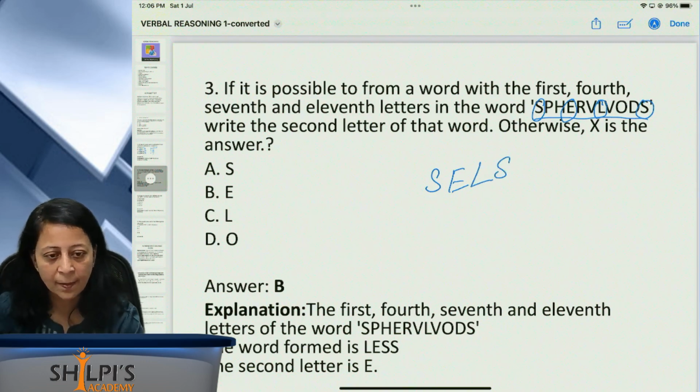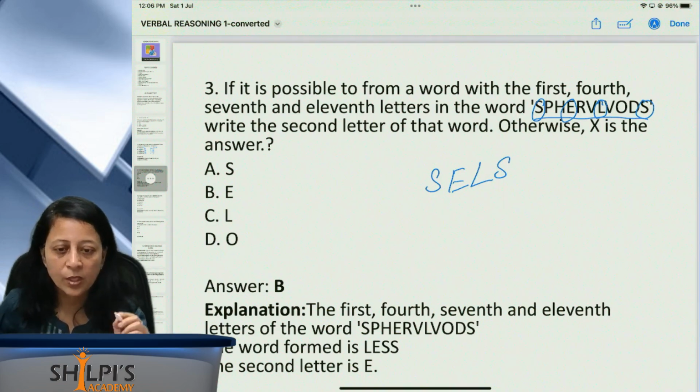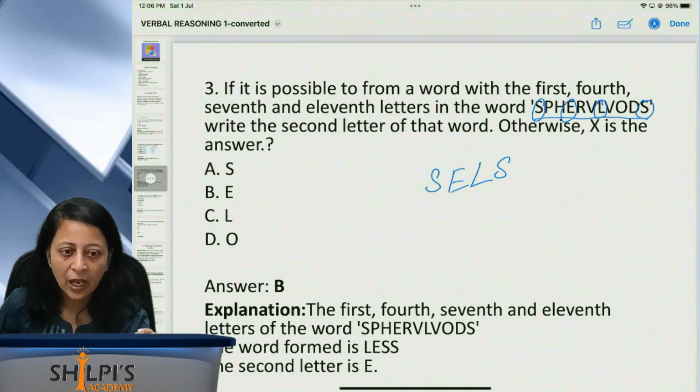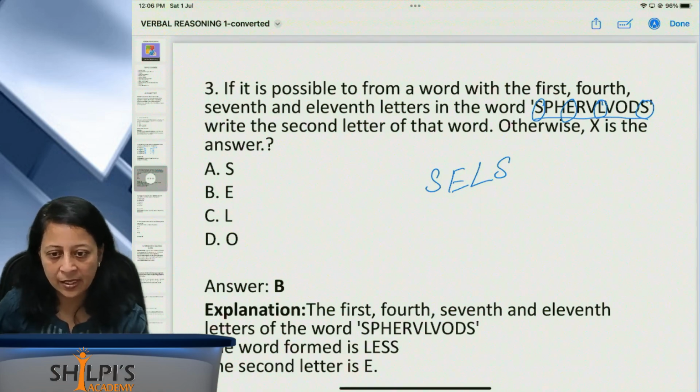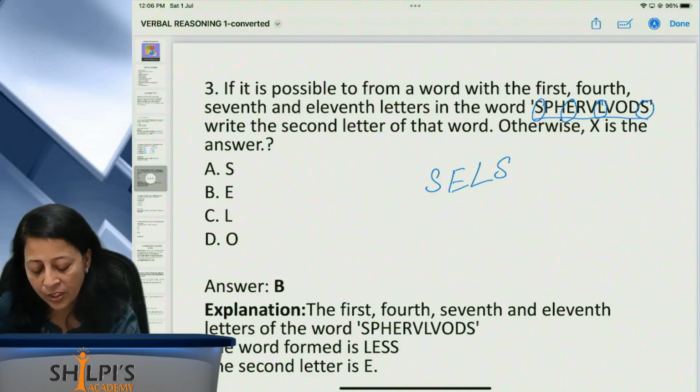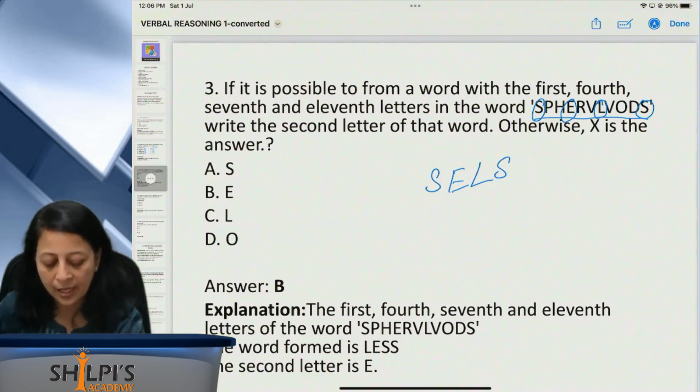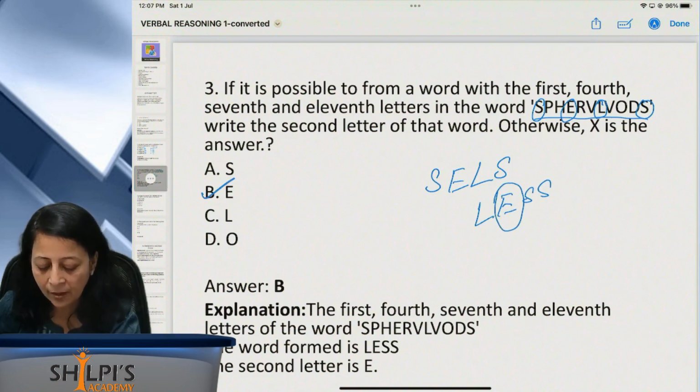What they told us is, if it is possible to form a word with the first, fourth, seventh and 11th letters in the word, write the second letter of that word, otherwise X will be the answer. So first you have to check whether you can frame a proper meaningful word with this. When you make SELS as LESS, it makes a meaningful word. And what is the second letter of the word? It is E. So the option here is B.